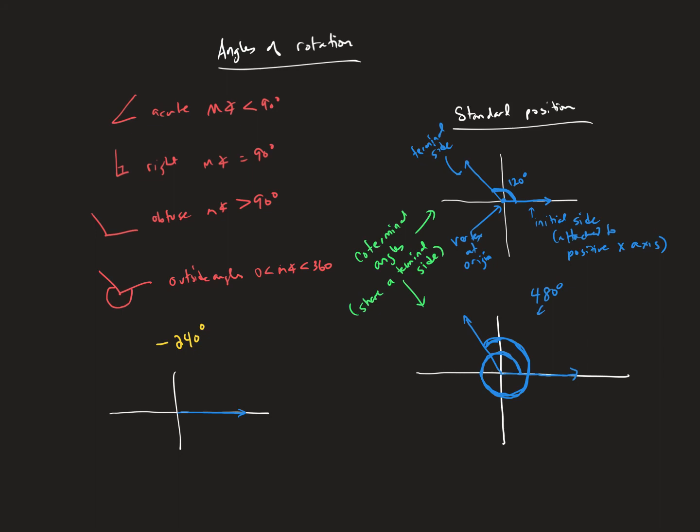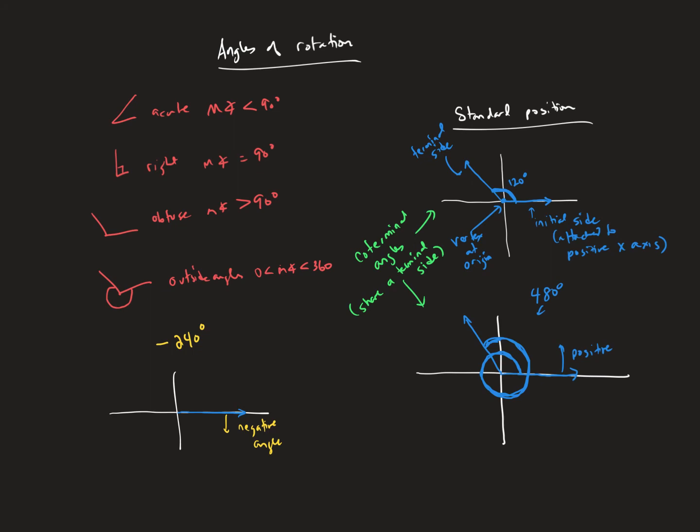So if I have a positive measure, it's going to go up from the x-axis. If I have a negative measure, it's going to go down. So basically, I would do this angle the same way I did the others, where I count out where I need to land, but this time instead of going up, I'm going down.